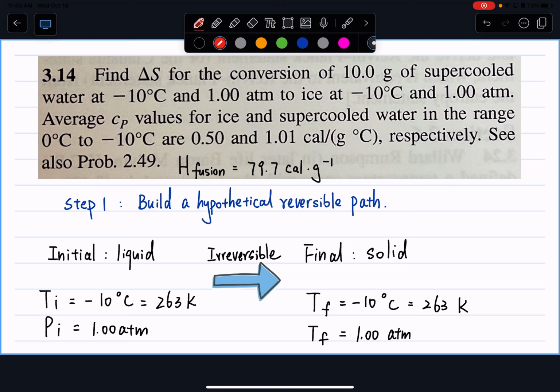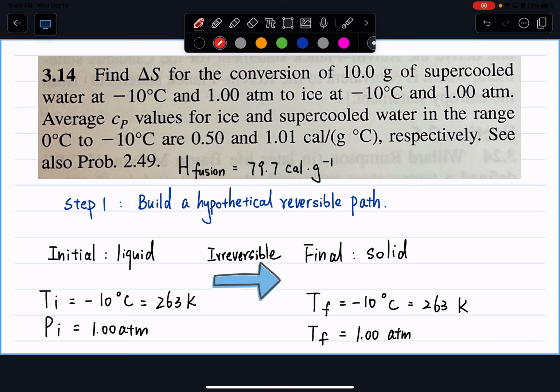It asks you to find delta S for the conversion of 10 grams of supercooled water at negative 10 degrees Celsius and 1 atm into ice at negative 10 degrees Celsius and 1 atm. It gives you the average CP value for ice and supercooled water. Now the question is, how do you find the entropy for this process?